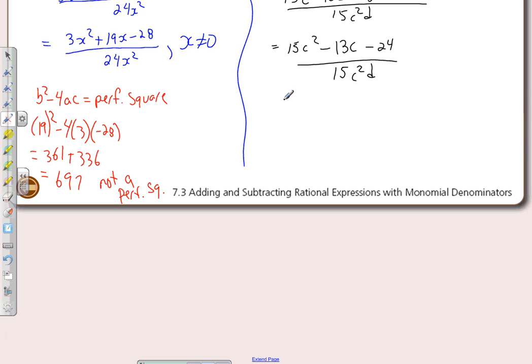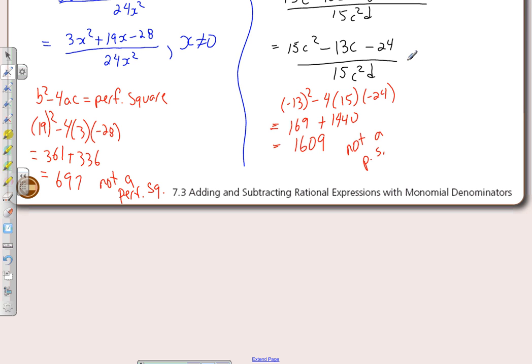So we've got negative 13 squared minus 4 times 15 times negative 24, 169 plus 1440, which gives us 1609. Punching that into your calculator, you can see it's not a perfect square. So therefore, can't go any further. We stop there with our NPV.